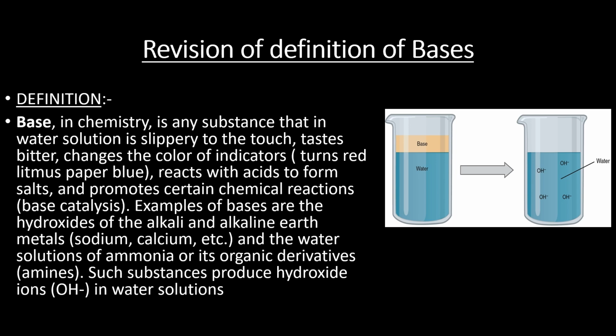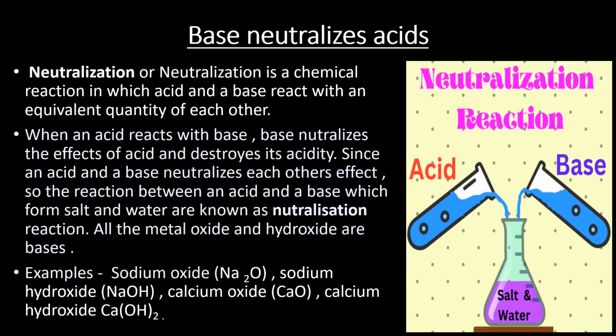Examples of bases are the hydroxides of alkali and alkaline earth metals and the water solutions of ammonia or its organic derivatives. Such substances produce hydroxide in water solution. Now, the things that are given in this definition, we will discuss all of them in detail later on.